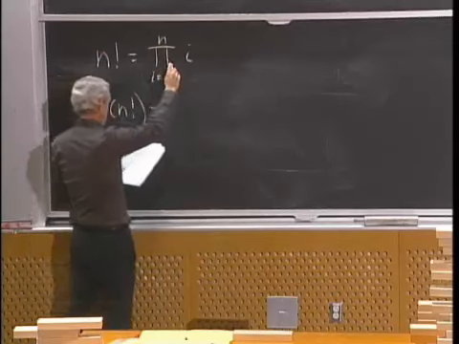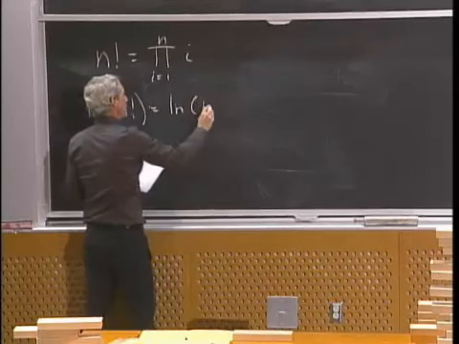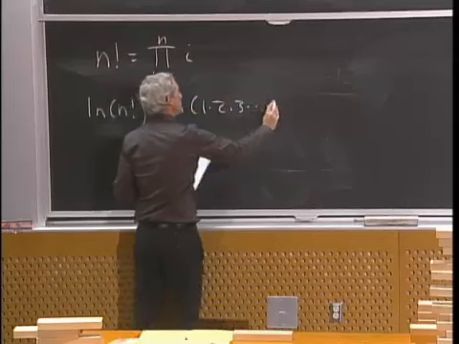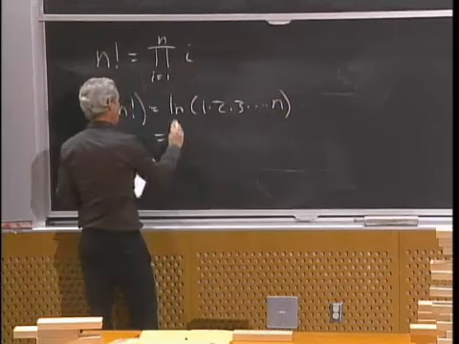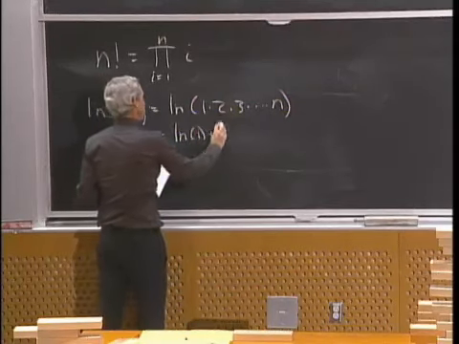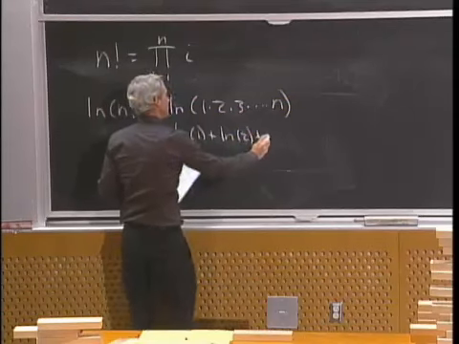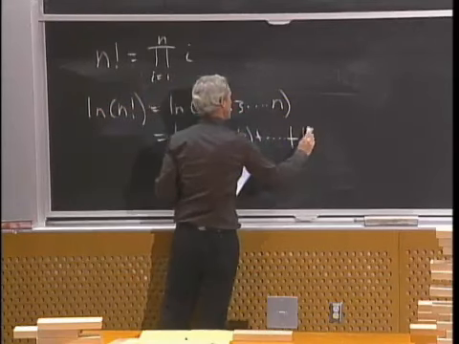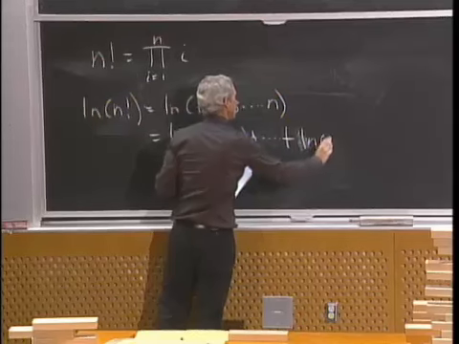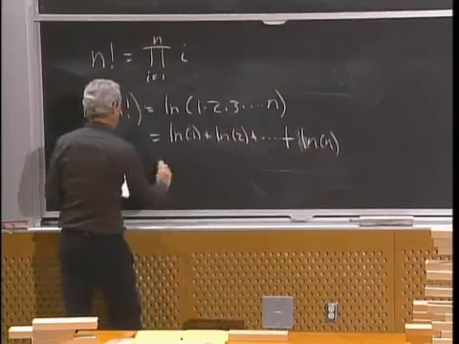Well, that's just, let's write that out, 1 times 2 times 3 up to n. That equals the log of 1 plus the log of 2, and so on. All right, so I've now got a sum.